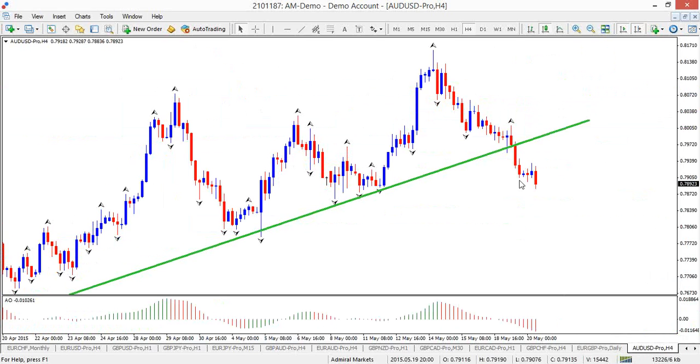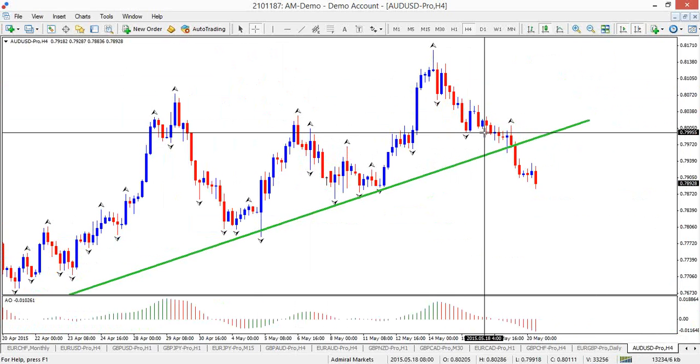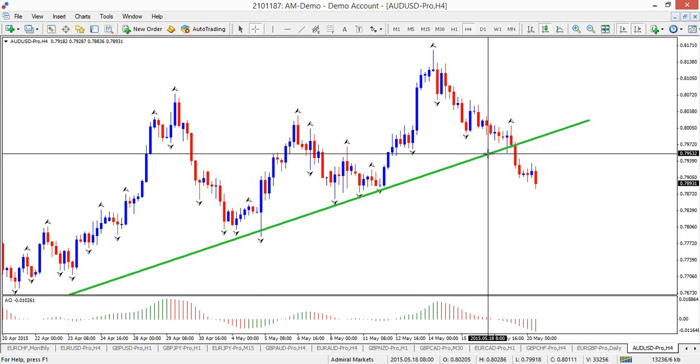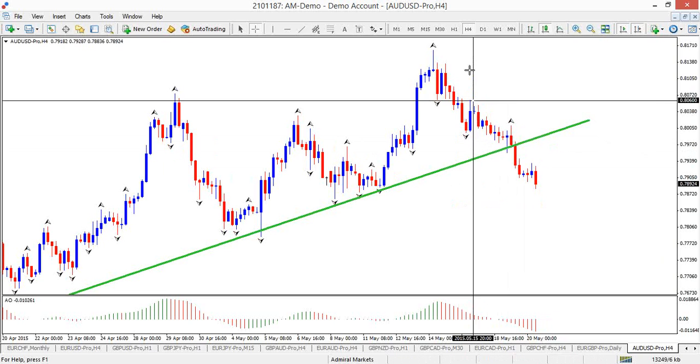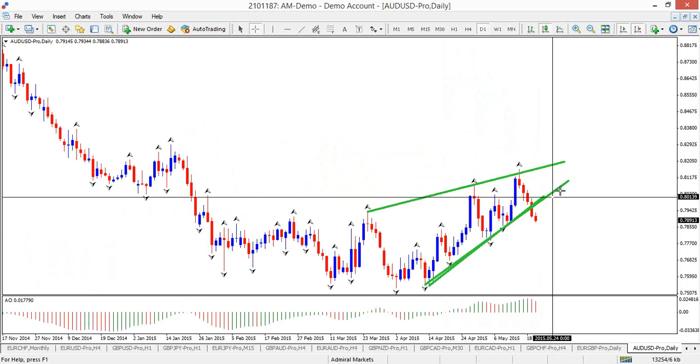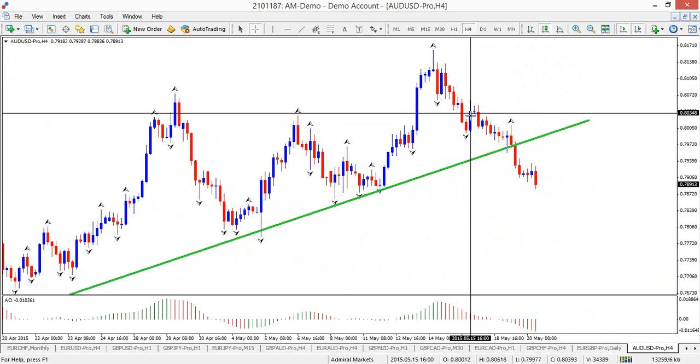Odd USD 4-hour chart, also bearish, broke through 79, the 80 level, went down to the 79.50, bounced, but then continued. Now it's 79. So we are getting a break of the support trend line and this rising kind of wedge.